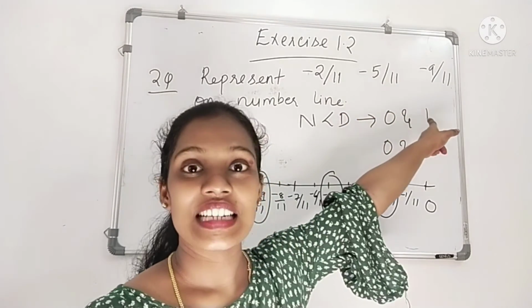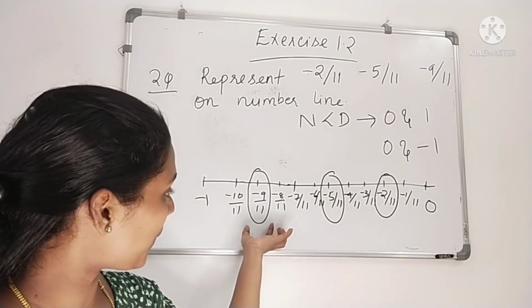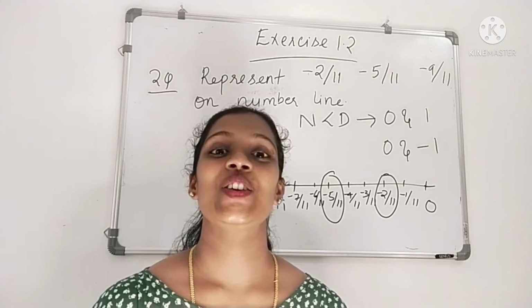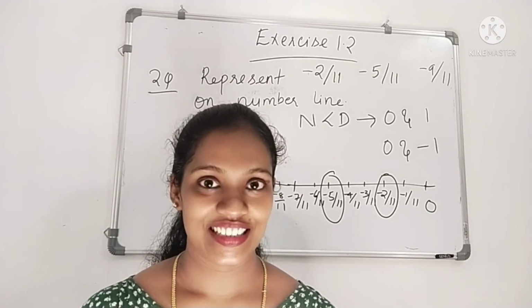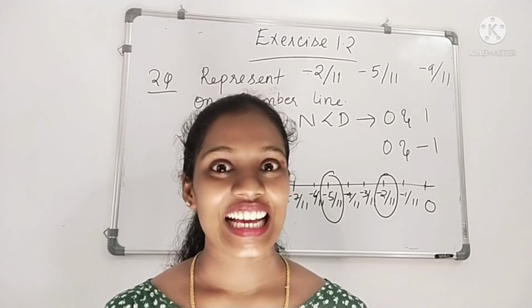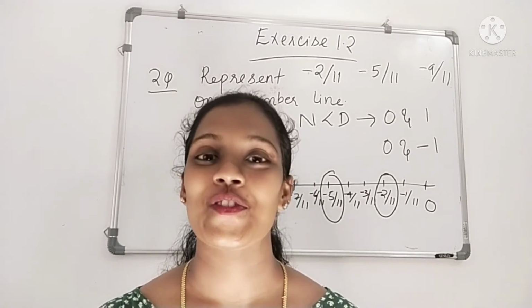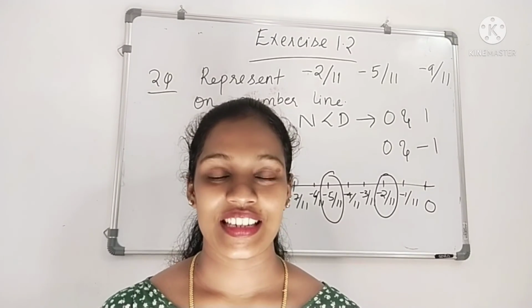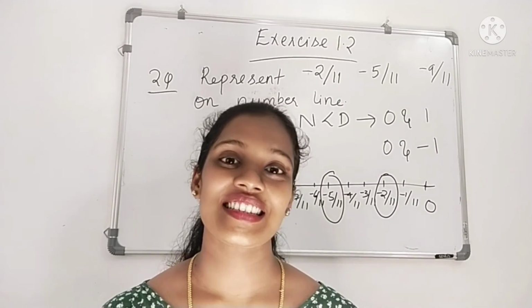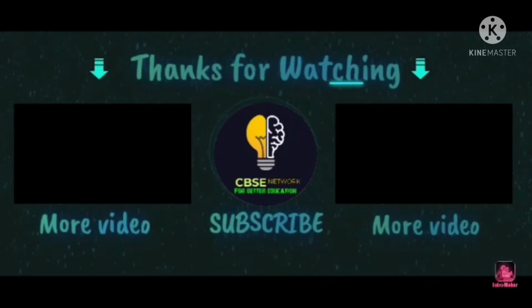Next is minus 9 upon 11 and your minus 9 upon 11 is here. So finally you have got all the three numbers between 0 and minus 1. So I hope everyone has understood question number 2 of this exercise. Okay, we will see you very soon with our next question, that is question number 3, in our next class.